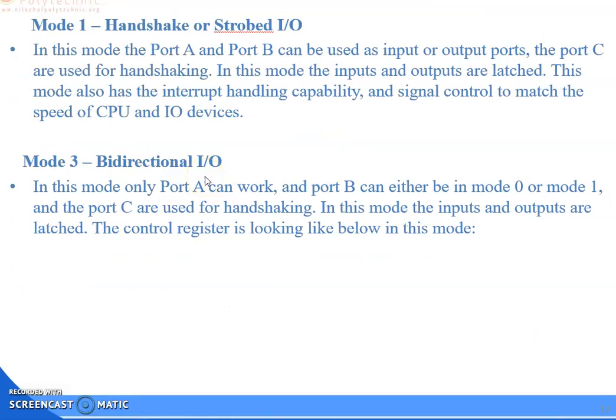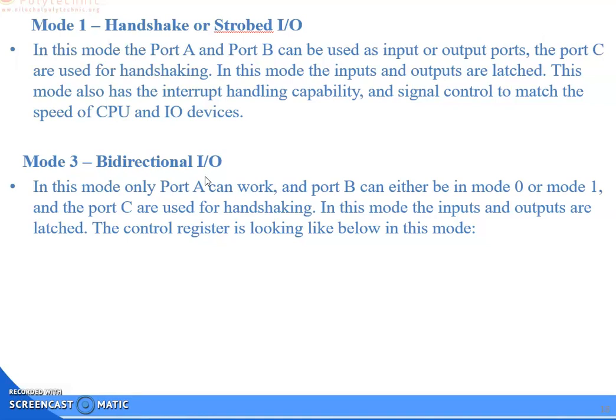Next is mode 1, that is handshake or strobed IO. In this mode, port A and port B can be used as input or output ports. Port C is used for handshaking. In this mode, the inputs and outputs are latched.